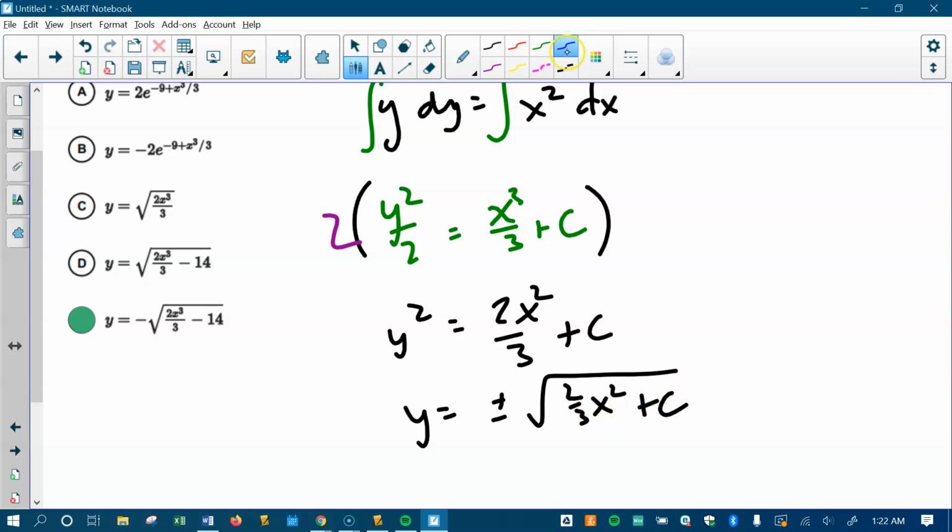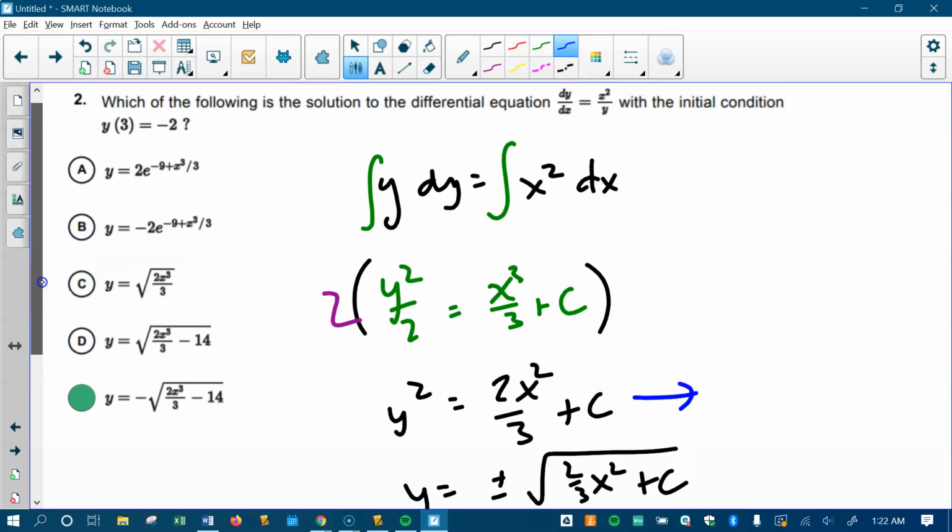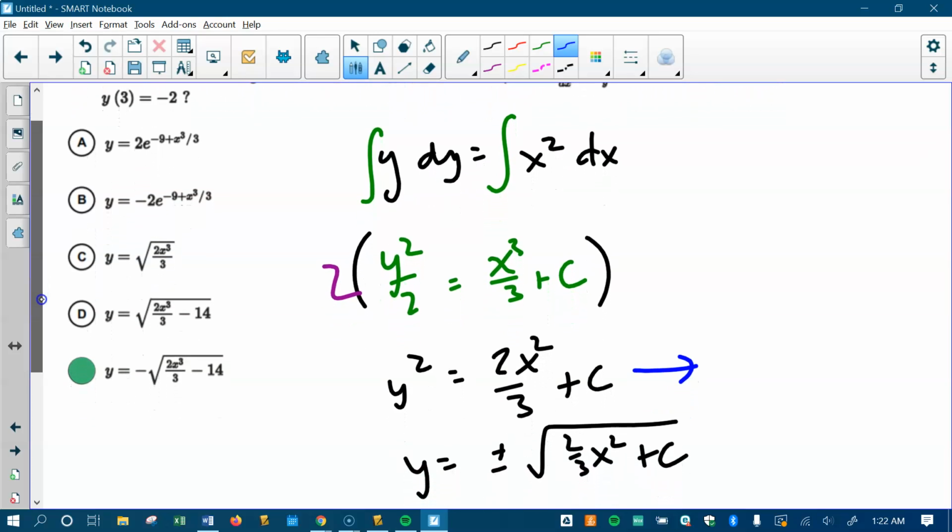Now when I plug in that initial condition of negative 3, 2, I get negative 2 squared equals 2 times 3 squared over 3 plus c. And again, it should be 3 cubed.